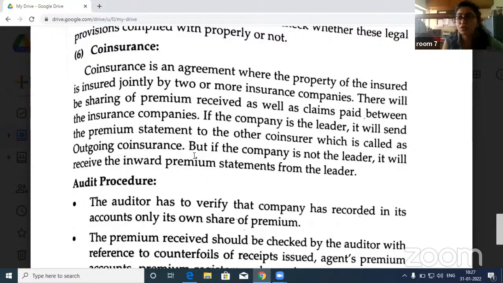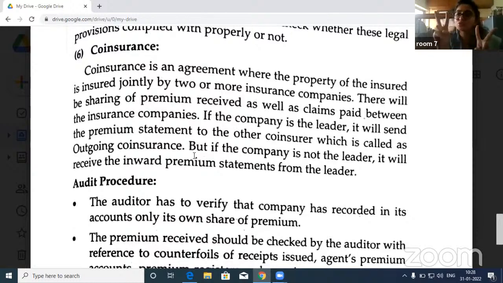Now take my example with co-insurance. If it is co-insurance, what will happen here? I am the customer. I have one big complex and the policy is costing me 2 crores. So what I thought, 1 crore I will take with one company, A company, and another 1 crore I will choose another company, B company. So 1 crore is divided between two different companies.